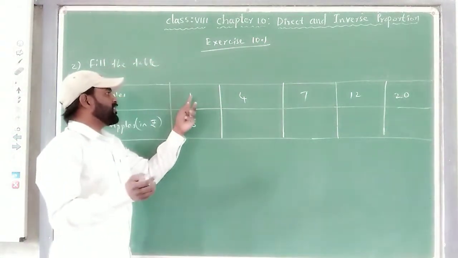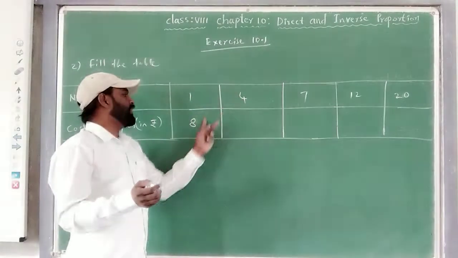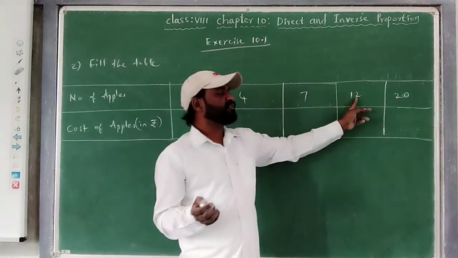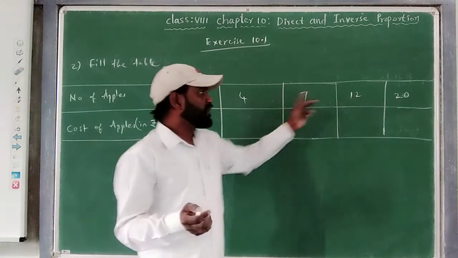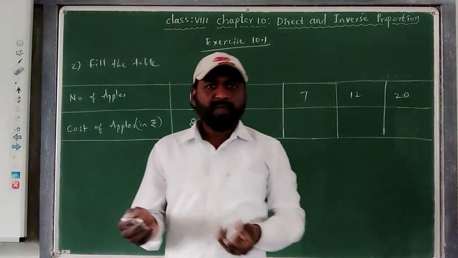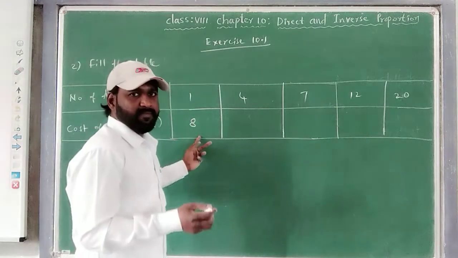Already it is given one apple costs 8 rupees. What is the cost of 4 apples? 4 into 8. What is the cost of 7 apples? 7 into 8. What is the cost of 12 apples? 12 into 8. What is the cost of 20 apples? 20 into 8. Why? Because already one apple cost is given as 8 rupees.